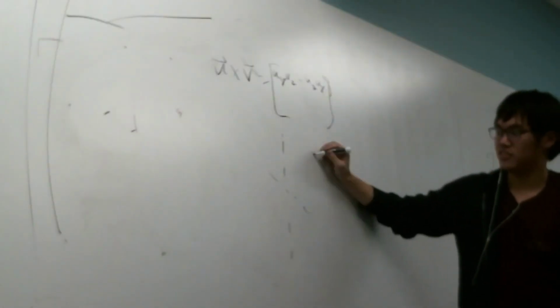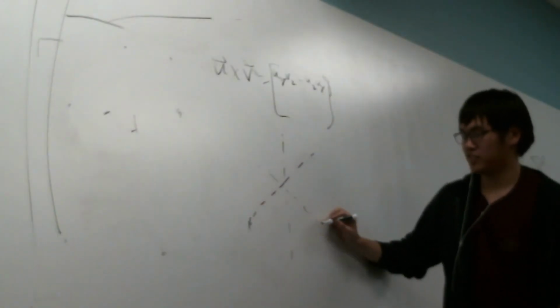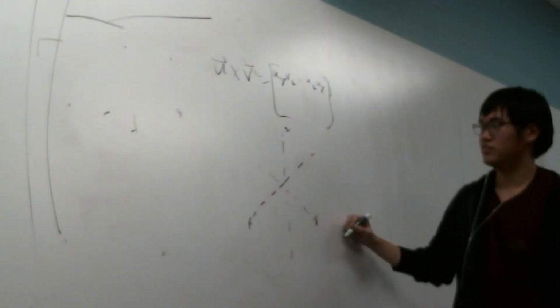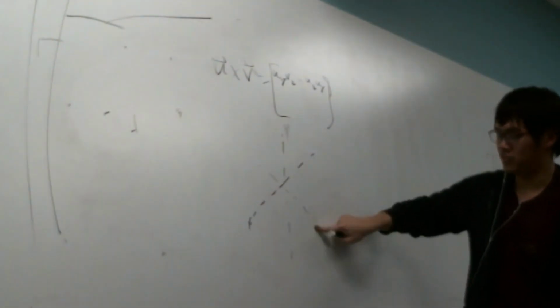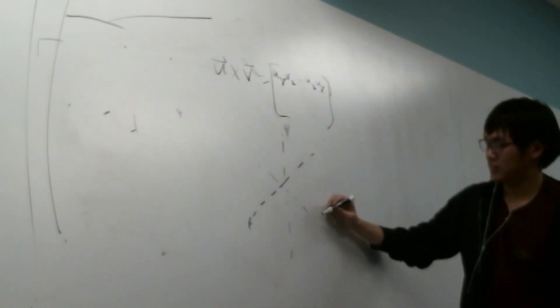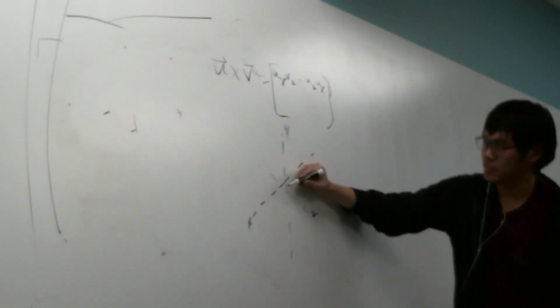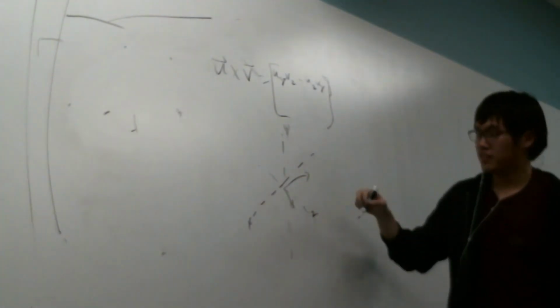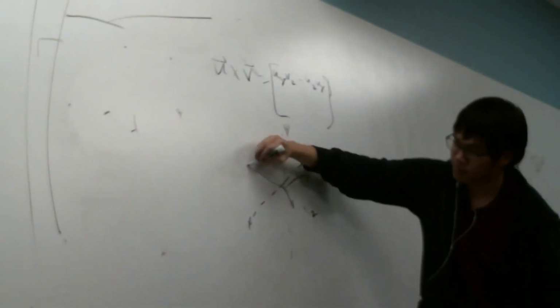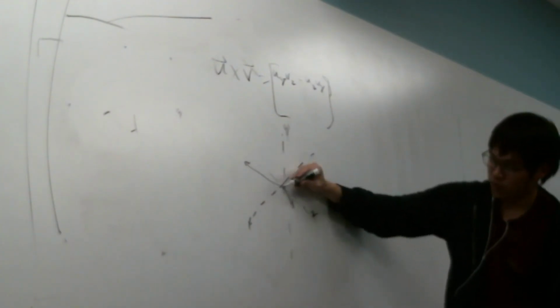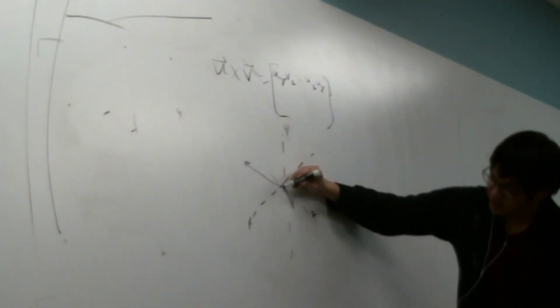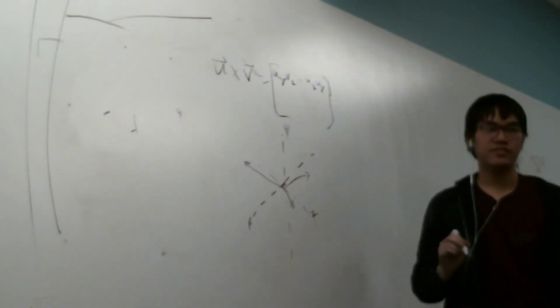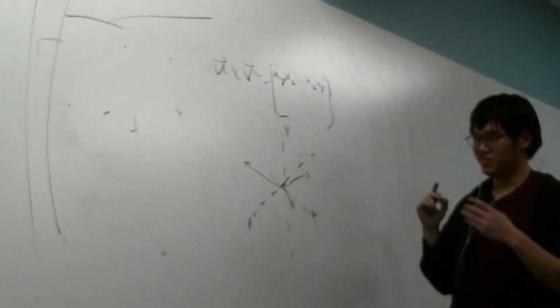The point is, the cross product of two vectors in three-dimensional space, with axes x, y, z, is the vector orthogonal to both of those vectors.